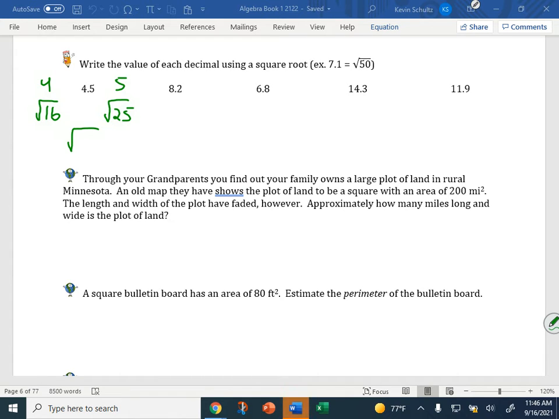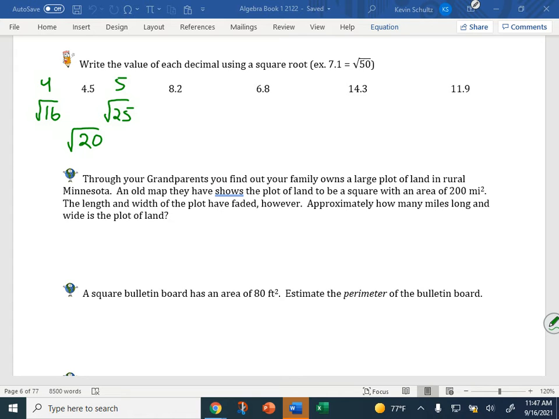The root of what? 20, sure, or 21, right? Something that's going to be halfway between 16 and 25. So this section is working backwards from what you did previously, where I gave you the root and you gave me the decimal. Now I'm giving you the decimal, and you work backwards to give me the original root. Okay?